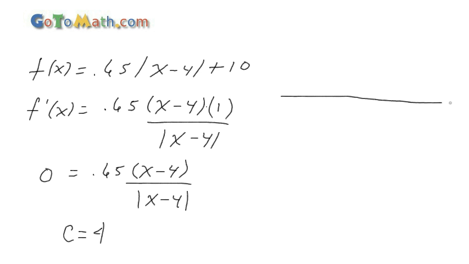Alright, so we're going to do a number line. Attempt to draw one anyway. Okay, and then we're going to choose a test point. Now remember, this test point must be in the domain of the original function. I don't know if that's something I've said before or not. Put a circle around it, and then we'll choose 5 over here to the right of 4.